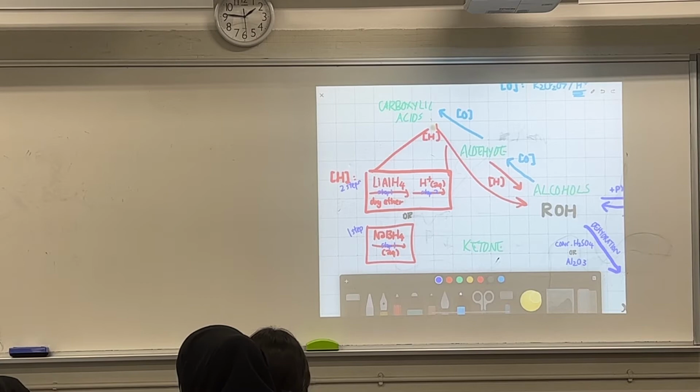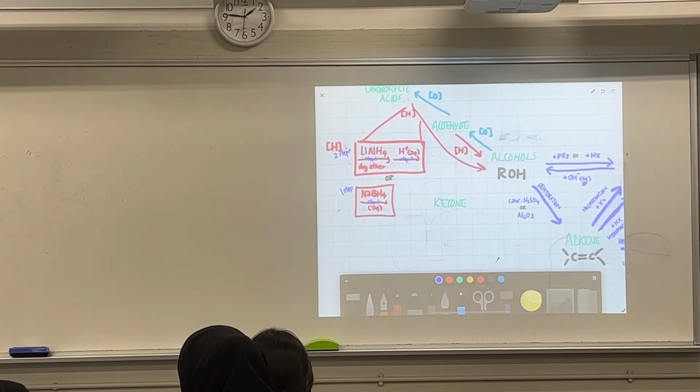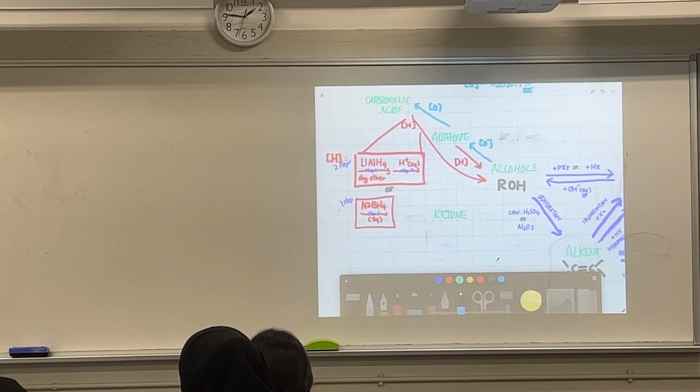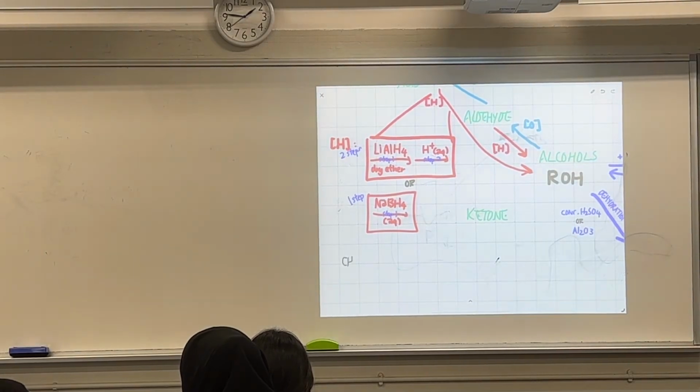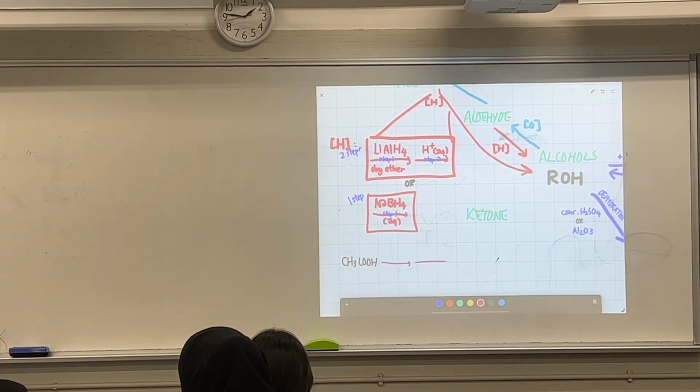So depending on how many arrows you see between the alcohol and carboxylic acid, you will write either LiAlH4 or NaBH4. Let me give you an example. When you have CH3COOH in the exam, and they are giving you 2 arrows, and then at the end you have CH3CH2OH.